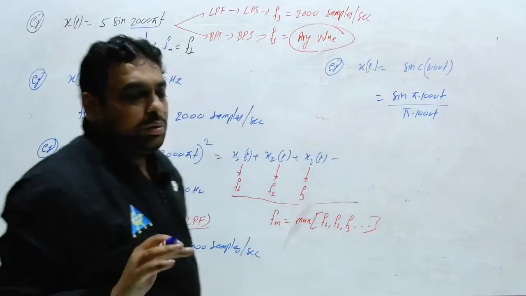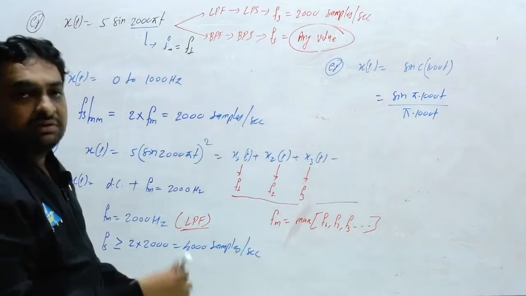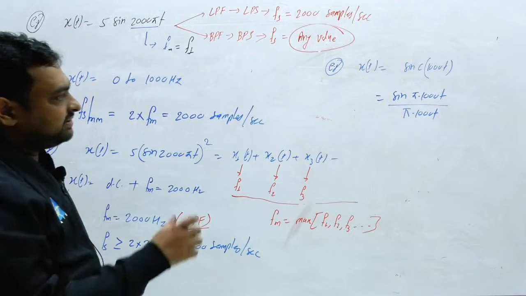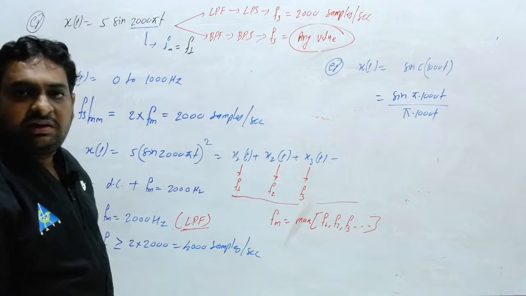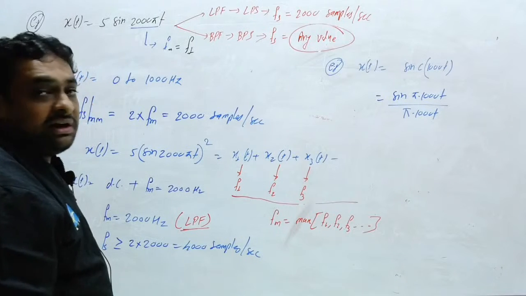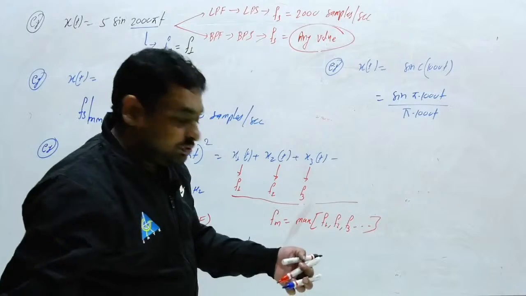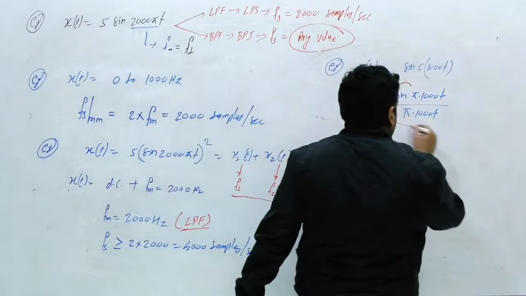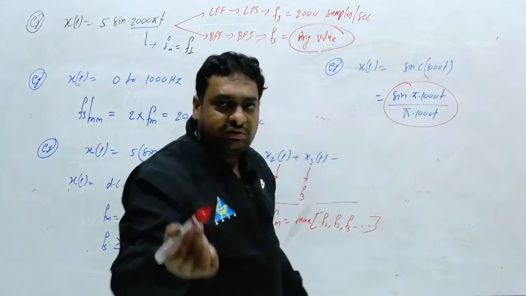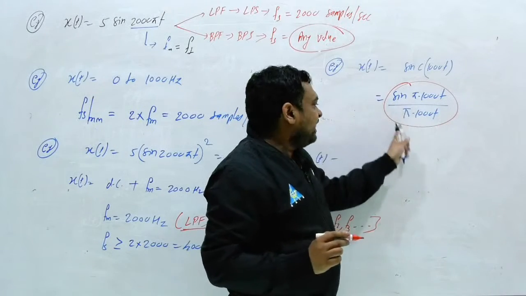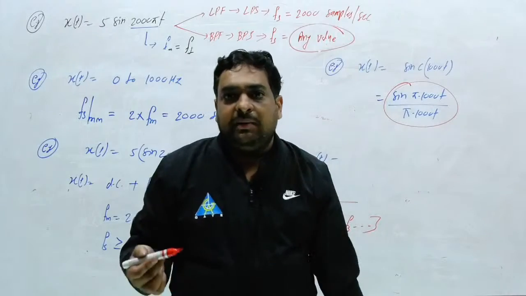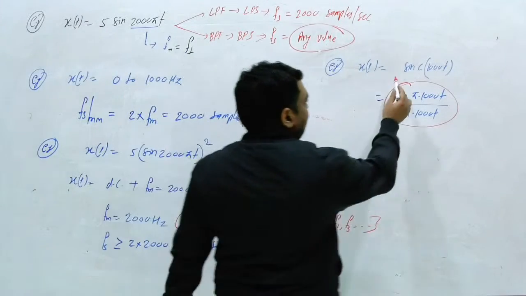If I ask you what is the bandwidth of the sinc signal, here Fourier transform is required. By using this you cannot solve directly. We can solve by first finding the Fourier transform of sine and applying the divide by t property. But directly we know this.